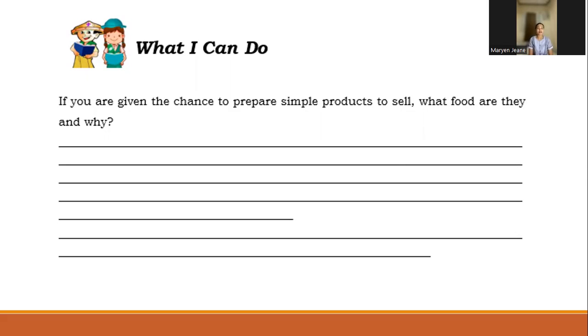This is now your chance to express your thoughts about having a small business. Write it down in the space provided below.